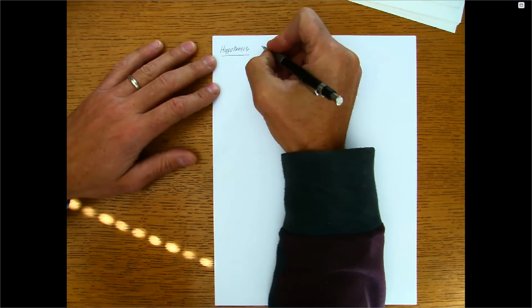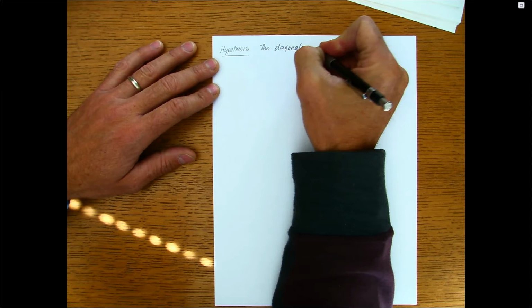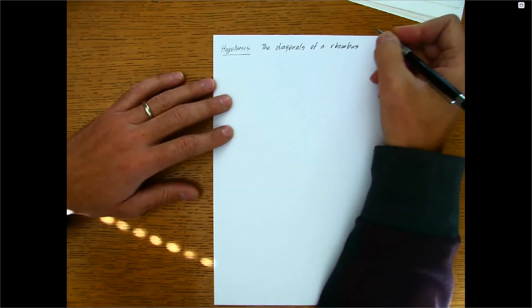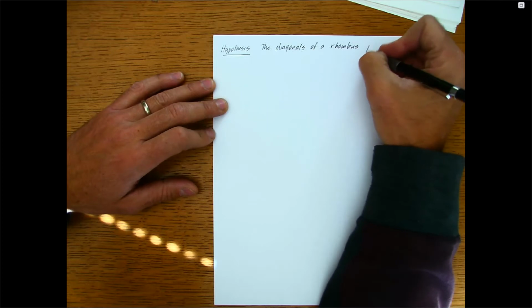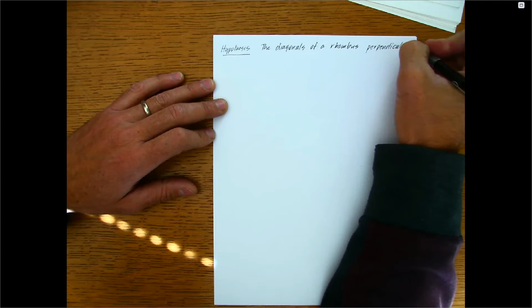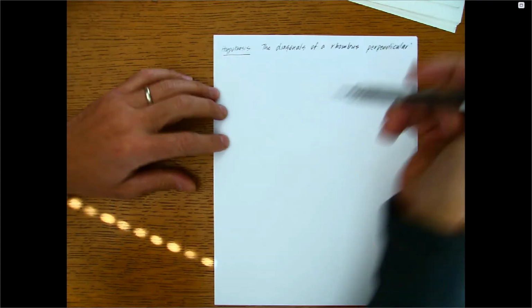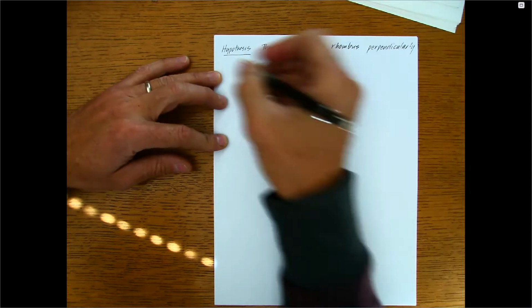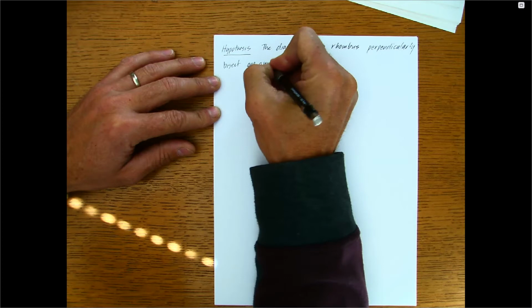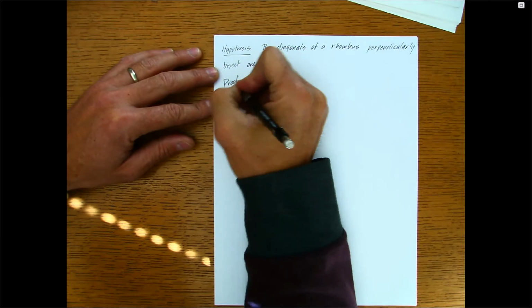The hypothesis is this: the diagonals of a rhombus perpendicularly bisect one another. Let's see, proof.